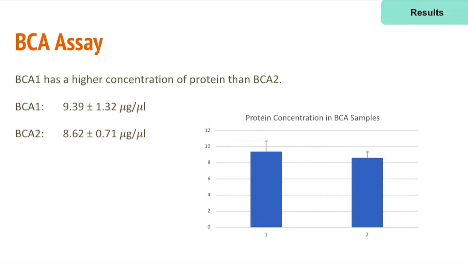This result is expected because the BCA2 sample has been processed via several rounds of centrifugation and hence some of the protein could have been lost during the process, resulting in the lower concentration observed in the BCA2 sample.